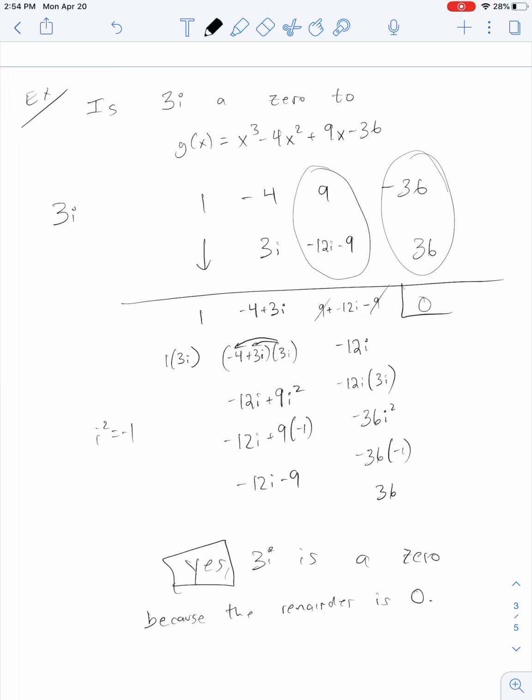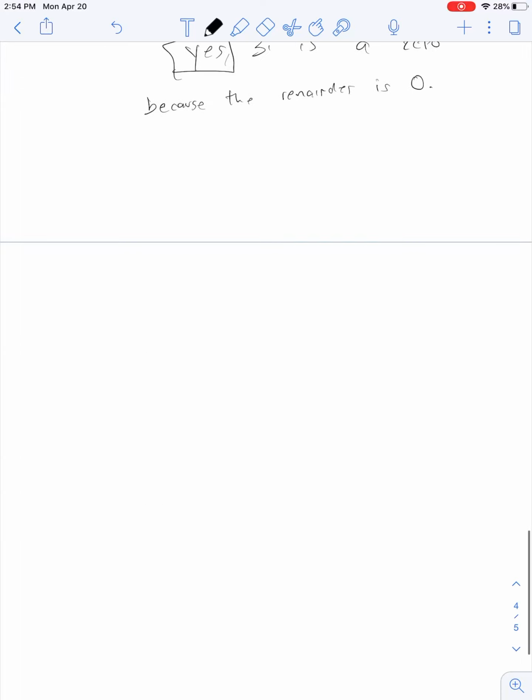And let's see if we have another one that might be a good one. I think I see another nice one on your homework. So let's do this one. So let's use synthetic division.